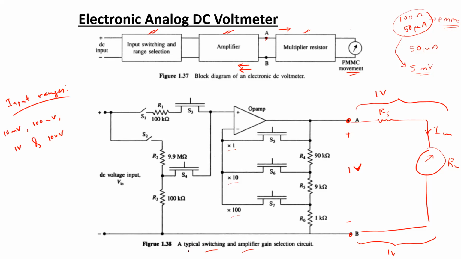So using this switching and amplifier gain circuit, these different ranges of the voltmeter can be obtained. It can be used to measure voltages from 0 up to 10 millivolts, or if the range is changed, from 0 to 100 millivolts, or from 0 to 1 volt, 0 to 100 volts. So the ranges can be changed in this portion on the left hand side of the terminals A and B.